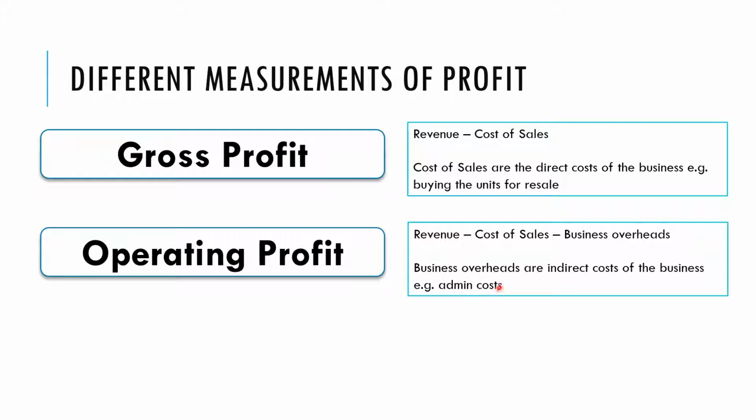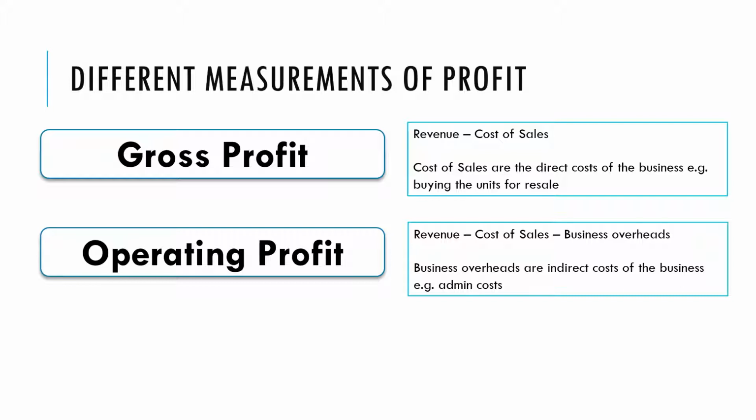So in our t-shirt business, we have revenue from the t-shirts, subtract the cost of making the t-shirts or buying them in, but we'd also subtract any other regular costs that the business incurs, such as maybe some administration staff, the salaries we pay them for answering the phones and dealing with emails and so on. So that's our second type of profit, operating profit. Profit comes from the business operating as a whole.